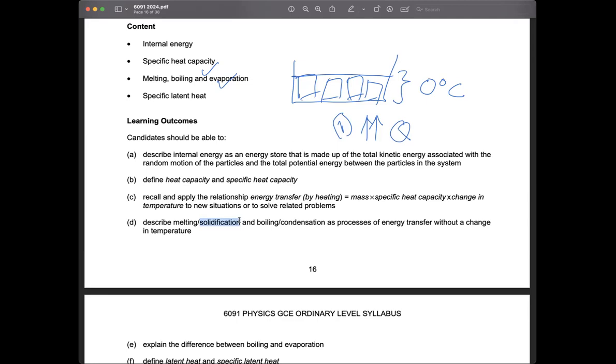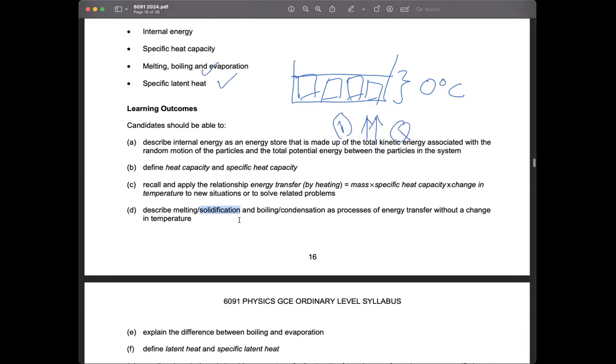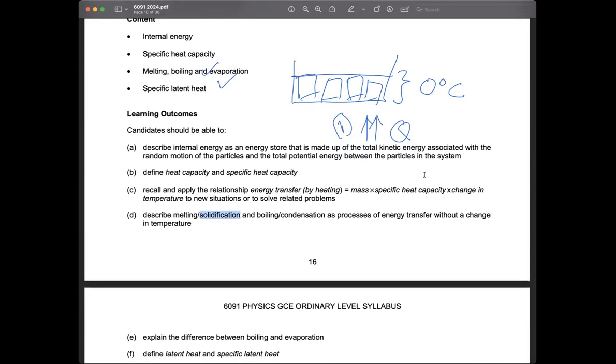You are clear about this? So during a change of state, there is no change in kinetic energy, but there is a change in potential energy. Is that clear? If you are clear about this, give me a yes reaction.